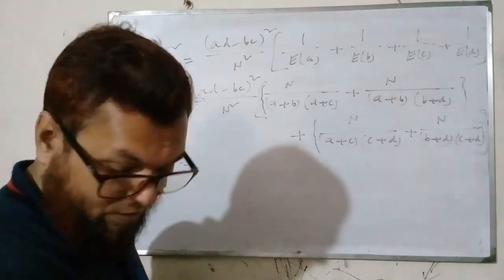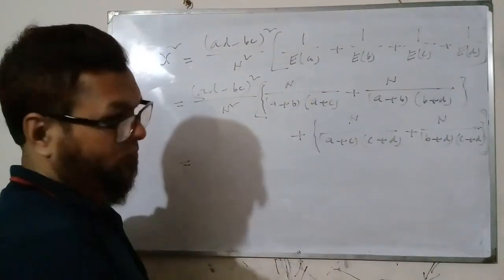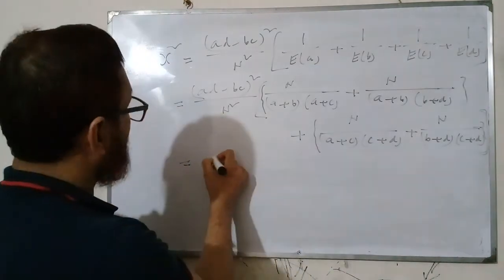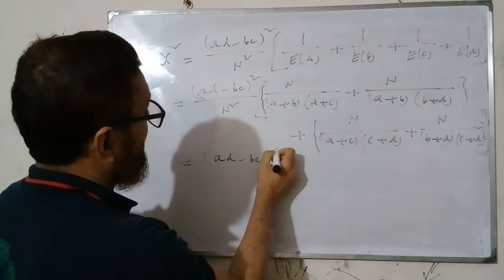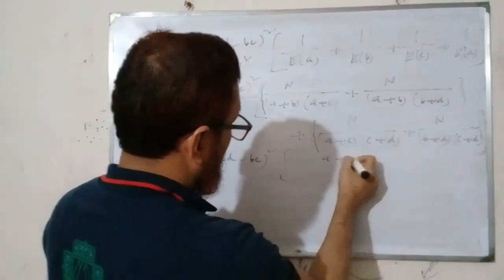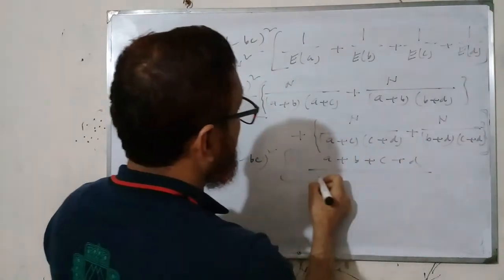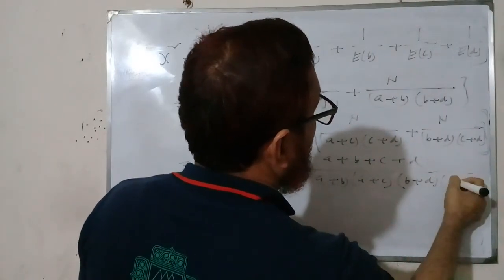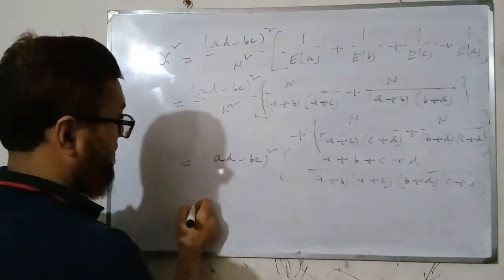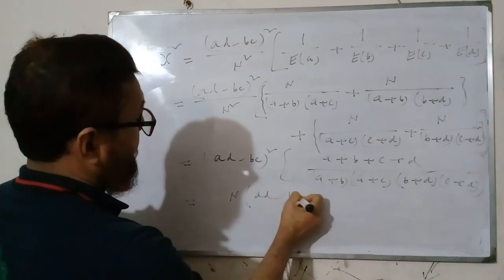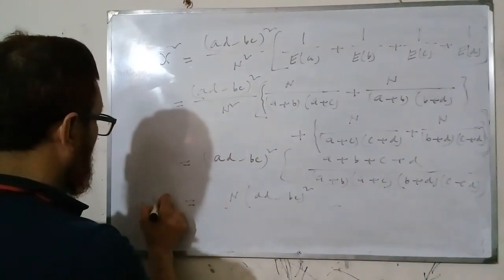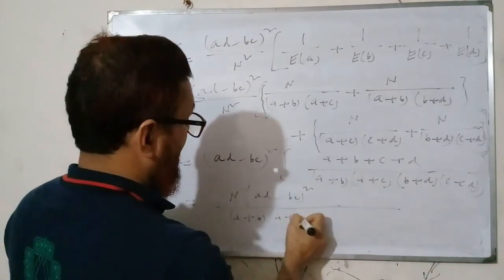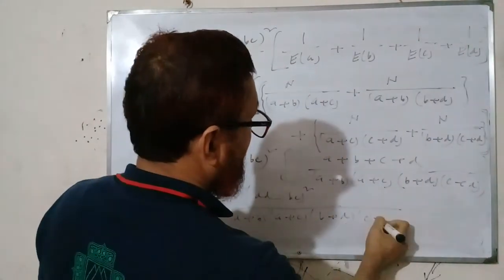After calculating, we get N times (AD minus BC) whole square divided by (A plus B)(A plus C)(B plus D)(C plus D).